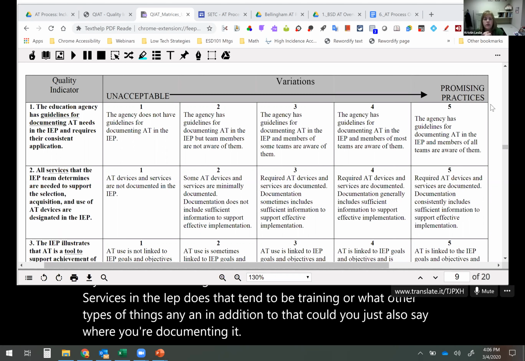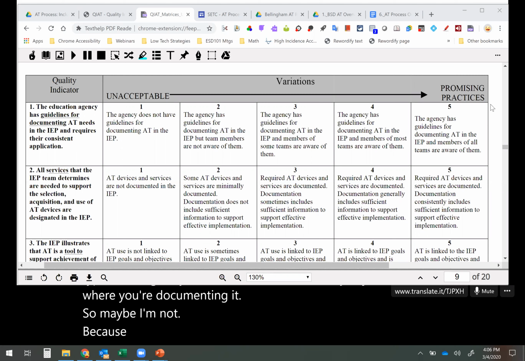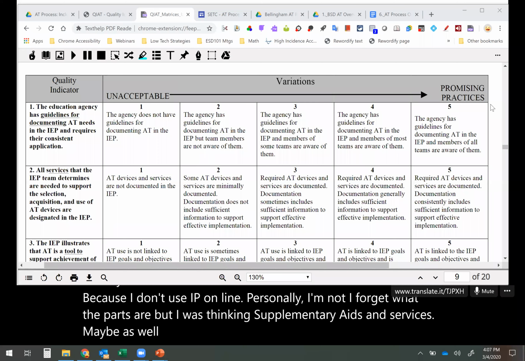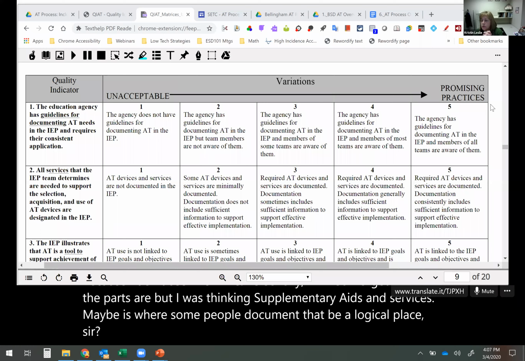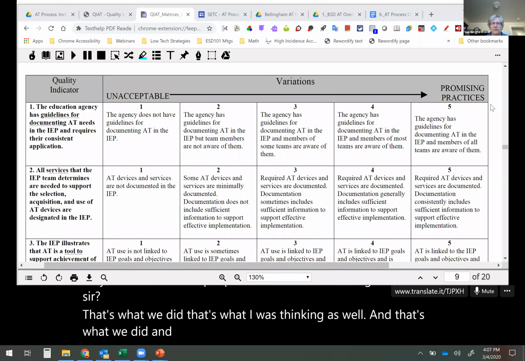So maybe I'm not, because I don't use IEP online personally, I forget what the parts are, but I was thinking supplementary aids and services maybe is where some people document that. Would that be a logical place? That's what we did. That's what I was thinking as well. And that's what we did in this district I was in also.